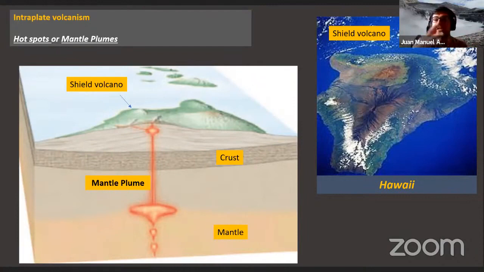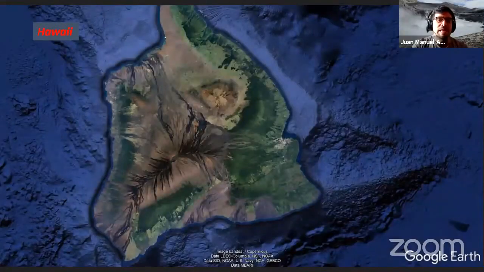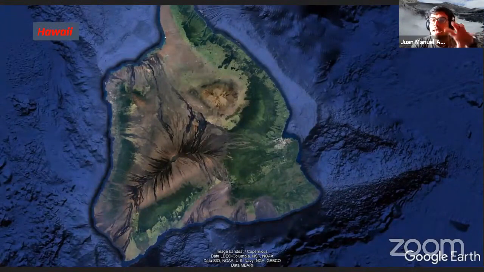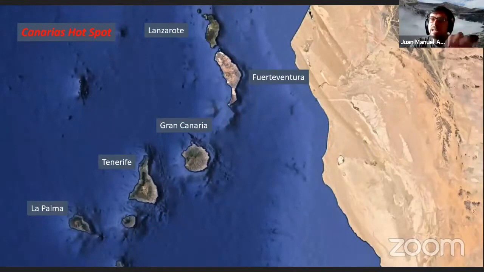Big volcanoes like these are called shield volcanoes. There are some examples on Mars, like Mount Olympus. It's also a shield volcano. Obviously, it's not active. Here you have Hawaii. The island is completely a shield volcano. All the islands that form the Canarias are completely shield volcanoes.